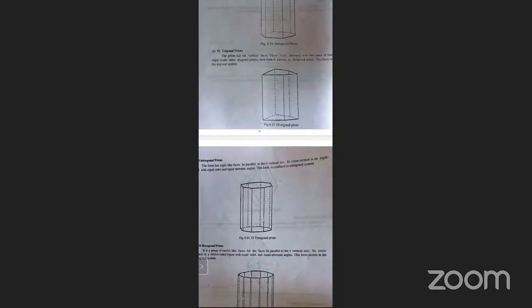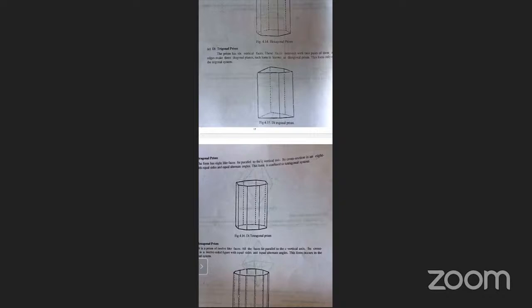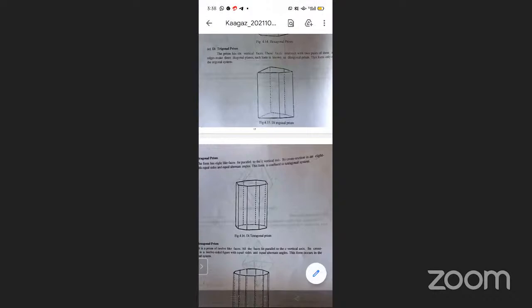Next one is a trigonal prism. In a trigonal prism, it also has 6 vertical faces. You see, 1, 2, 3, 4, 5, 6.